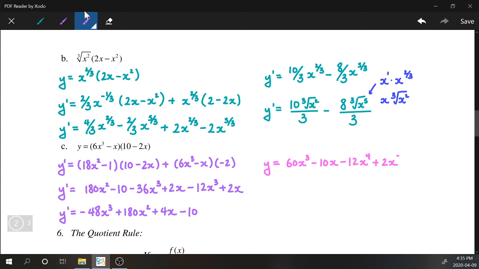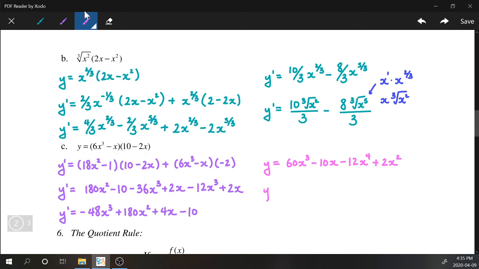Sorry. So this will be the first terms multiplied together to give you 60x cubed. The inside terms give you negative 10x. The outside terms give you negative 12x to the fourth power. And finally, the last two terms multiply to give you plus 2x squared.